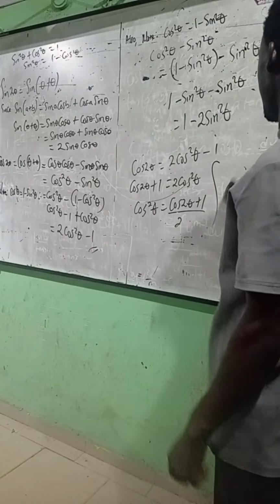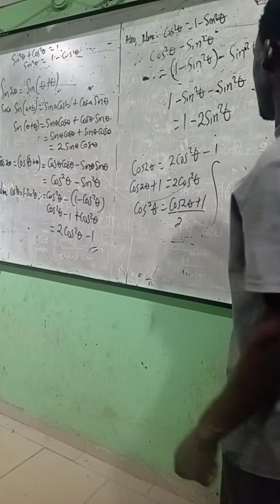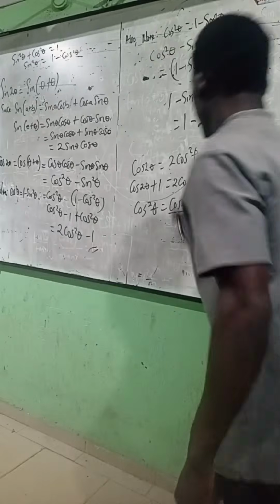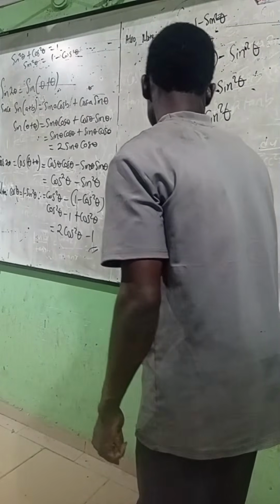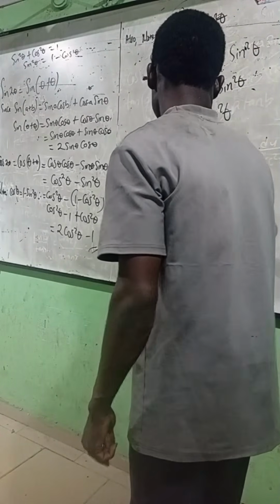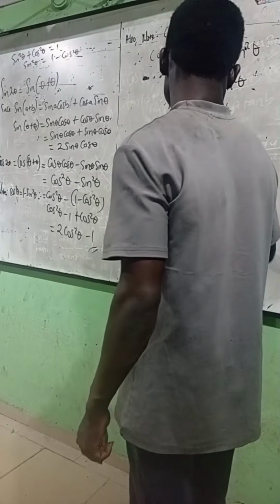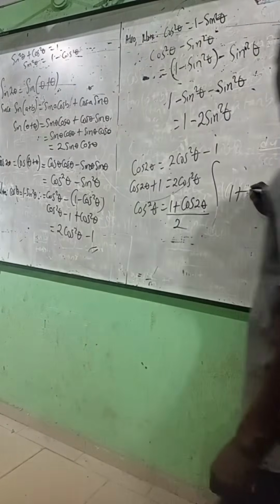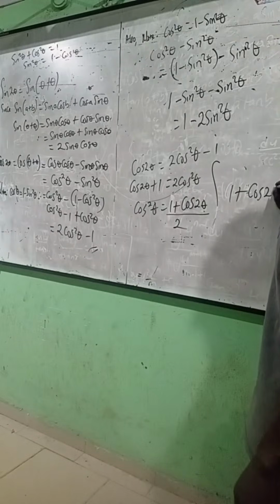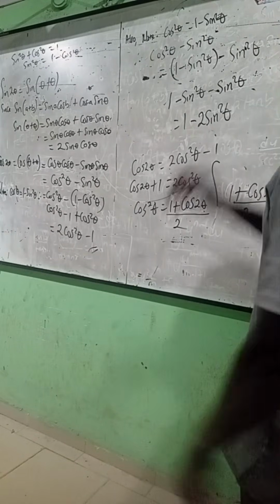Assume I have 1 plus cos 2 theta over 2. Very easy. The half can come out.